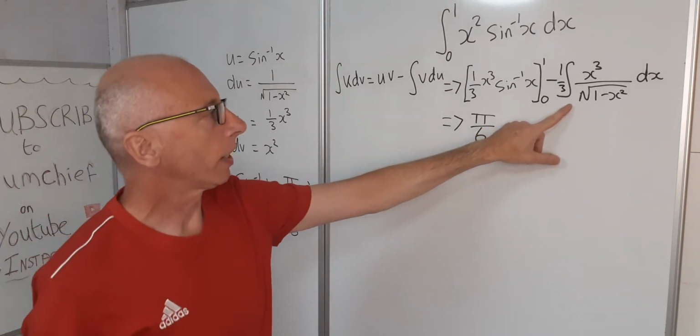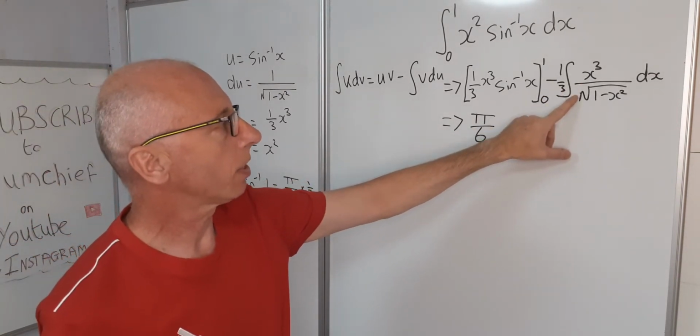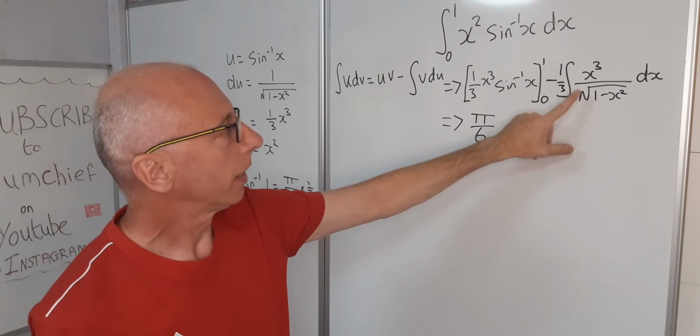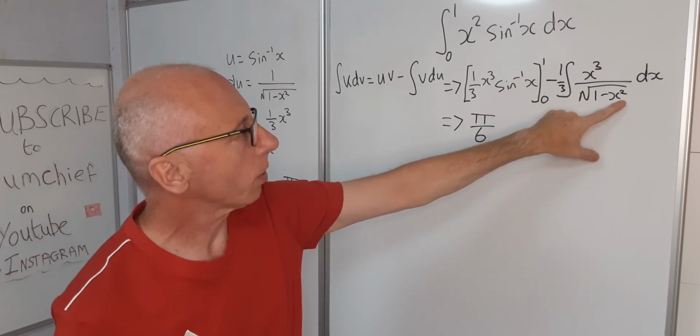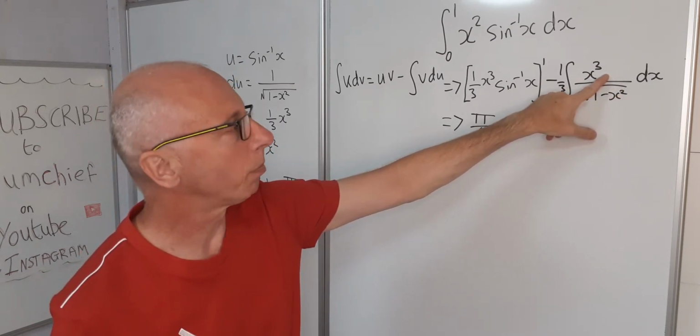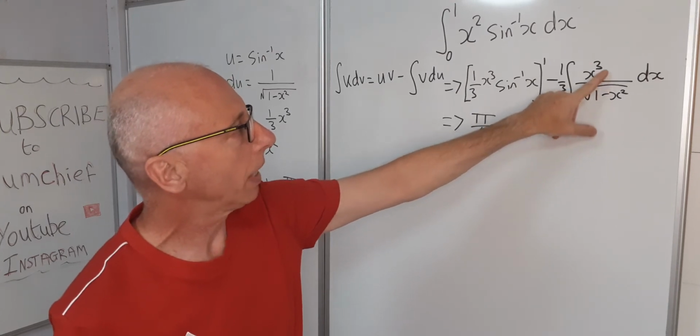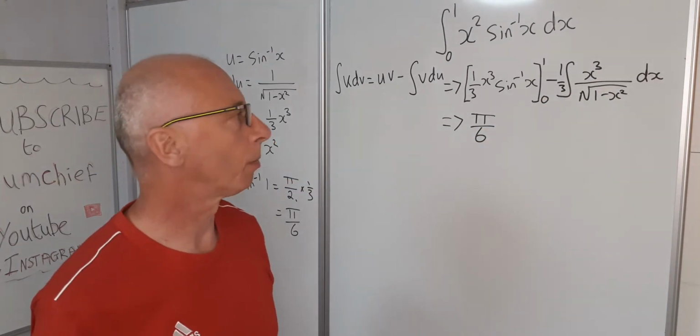Now we've got this one here, so minus 1/3 times this new integral. Now this one here, we've got an x squared and an x cubed, so a u sub might work, but even better than that, we could go for a trig sub.